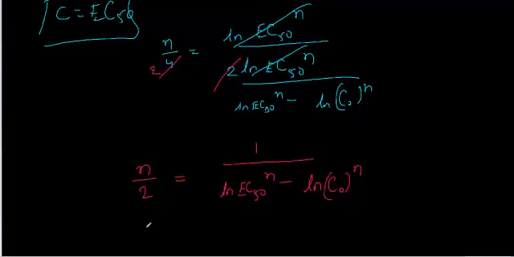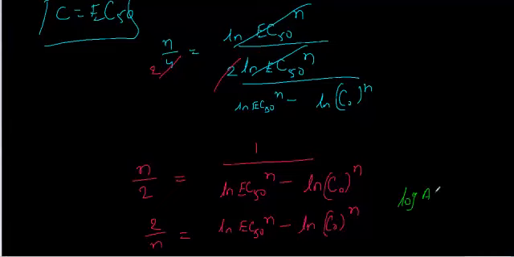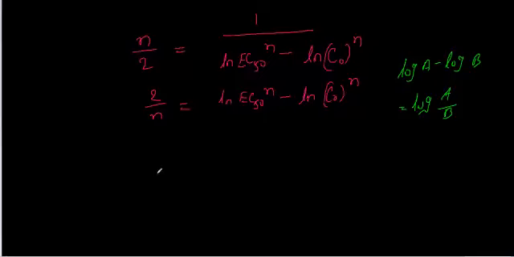So this is nothing but 2 by n over ln of EC50 to the power of n minus ln of C0 to the power of n. You are all aware that log A minus log B is equal to log A by B, right? So I'm going to rewrite this equation as 2 by n equals ln of EC50 to the power of n over C0 to the power of n, right?